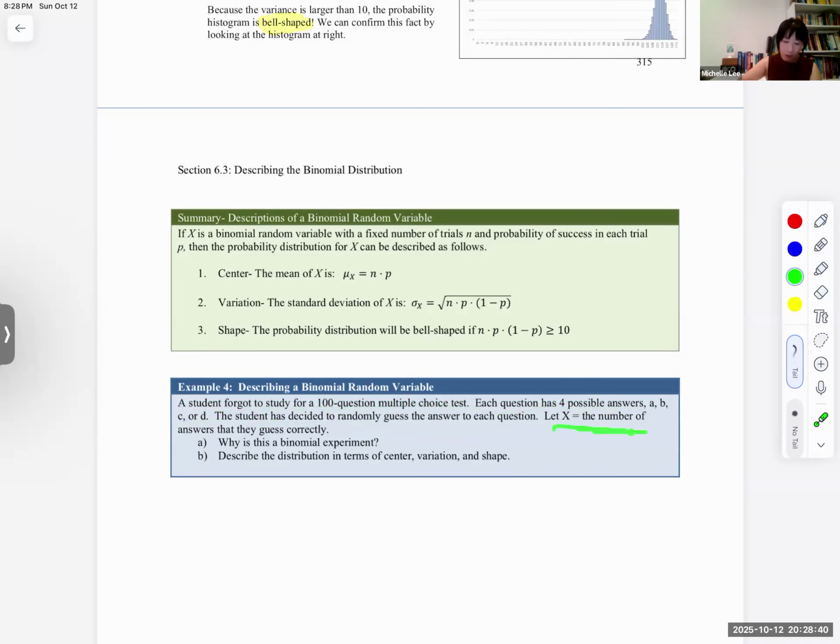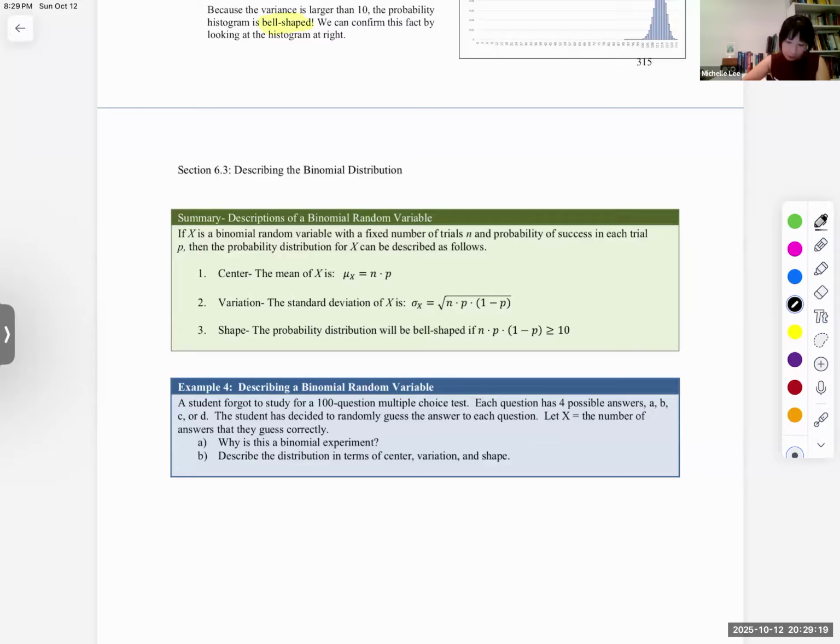Let X be the number of answers that they guess correctly. We check whether this is a binomial so that we can use it, right? Otherwise, we cannot use it, right? And then we're going to check the shape later, and center and variation, of course.